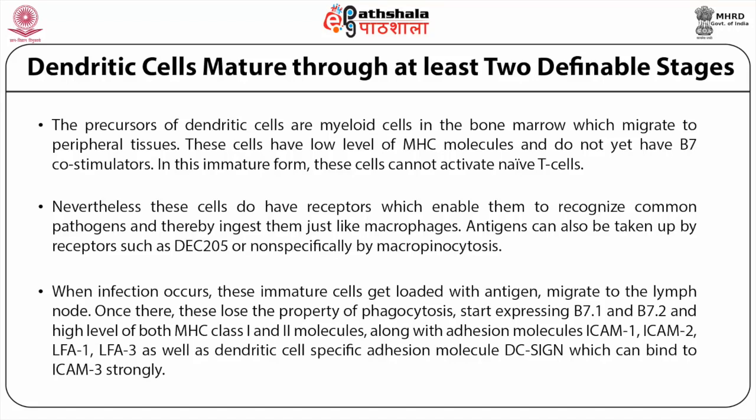These lose the property of phagocytosis, start expressing B7.1 and B7.2 and high levels of both MHC class 1 and 2 molecules along with adhesion molecules ICAM1, ICAM2, LFA1, LFA3 as well as dendritic cell specific adhesion molecule DC-SIGN which can bind to ICAM3 strongly.